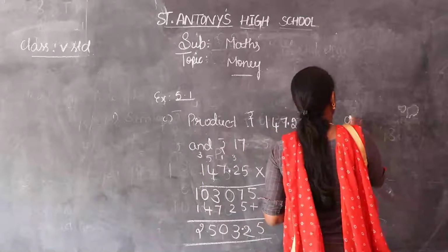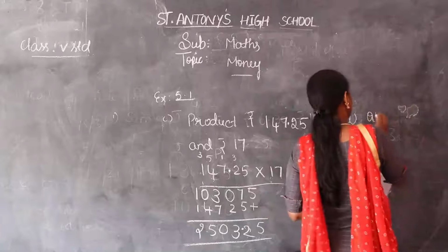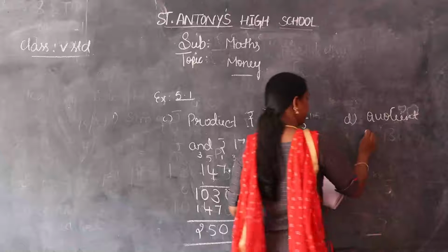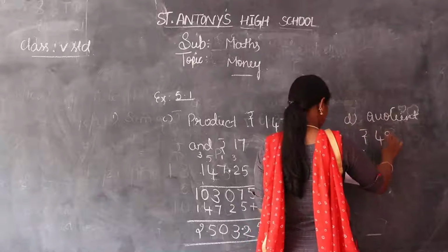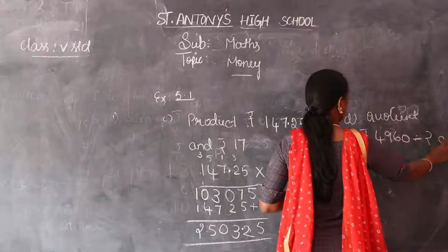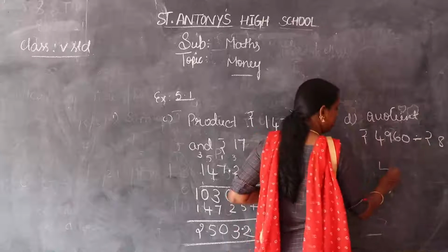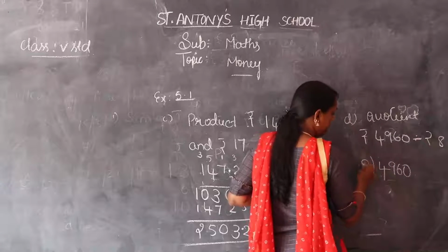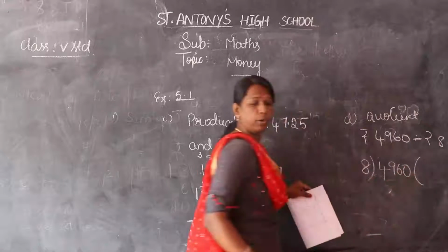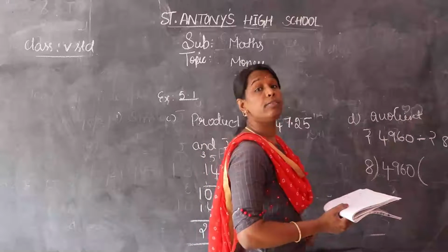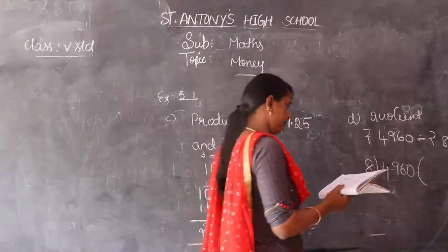Next, quotient of. Quotient means what? We have to divide. Find the quotient of rupees 4960 divided by rupees 8. Write down the dividend 4960. Divisor is 8. 8 4s are how much, children? 8 4s are 36. 8 5s are 40. 8 6s are 48.